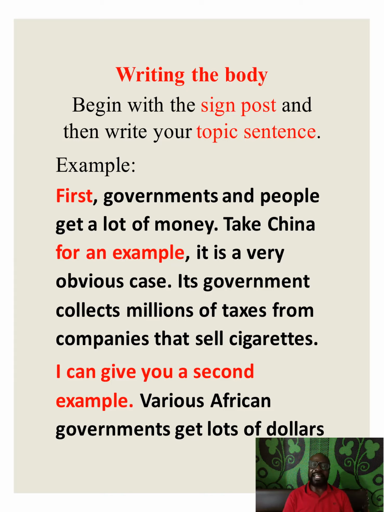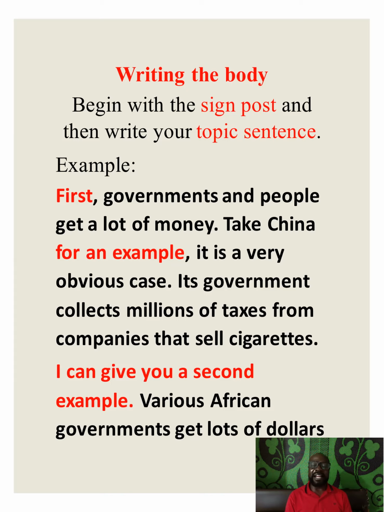If you want to add any other idea, you should have added it to the topic sentence. You can even put 10 ideas if you can. As long as you have put it in the topic sentence, you can add on it. But in this sentence, my topic sentence is about money.